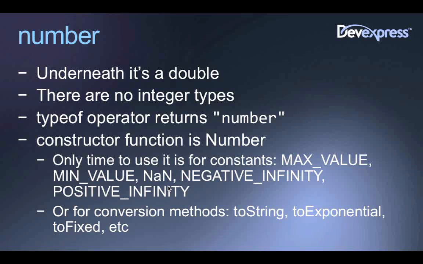And there are some conversion methods or functions added to the Number constructor to do things like convert a number to a string or to an exponential string, fixed string, and all that kind of stuff. But the main important thing here is to understand that number is a double.